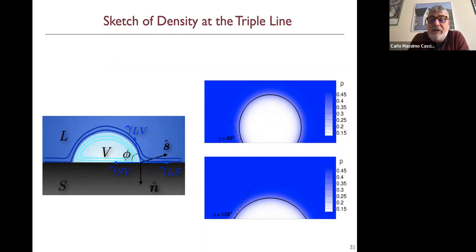wall. So consider that the water is outside, the liquid is outside, whereas the vapor is inside. And below, we have a case in which the surface is lyophobic, or hydrophobic, if you prefer.